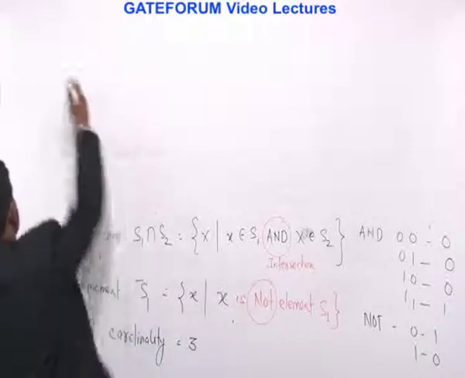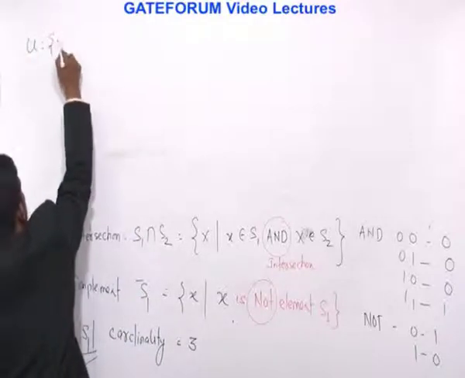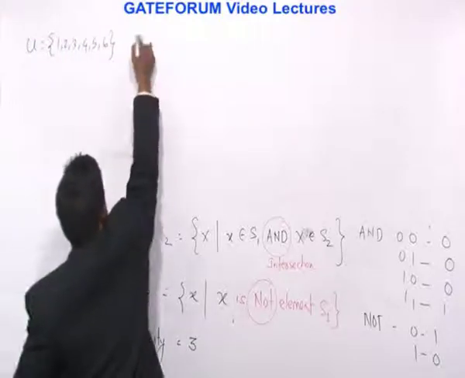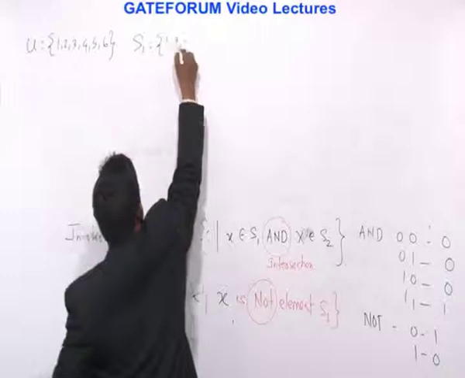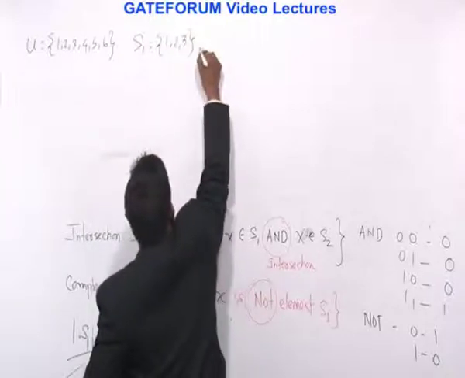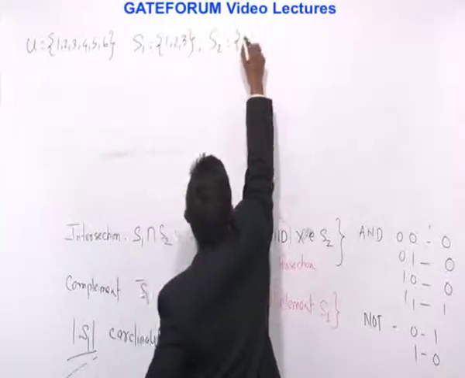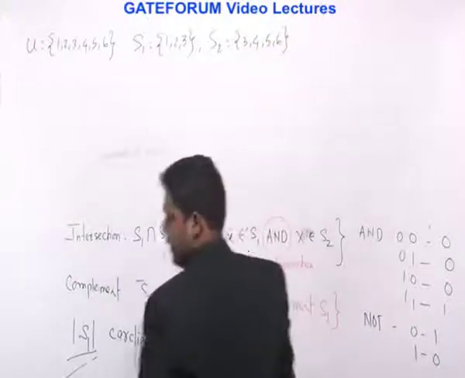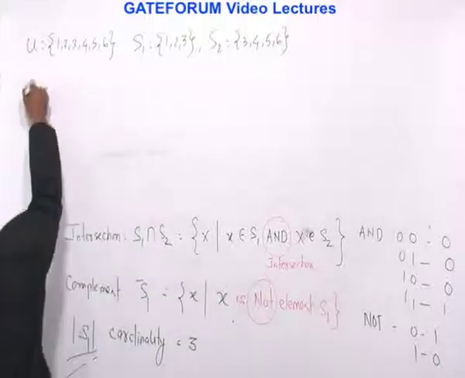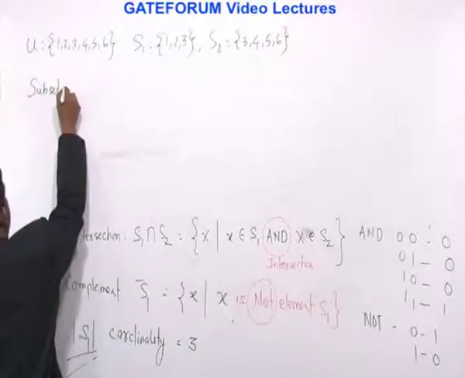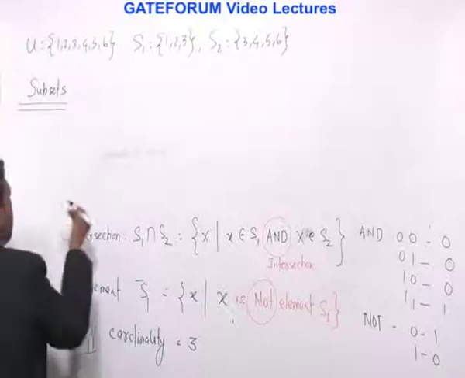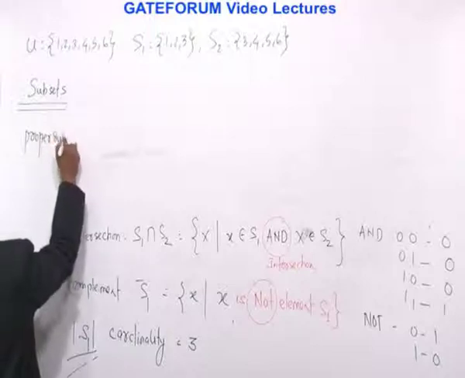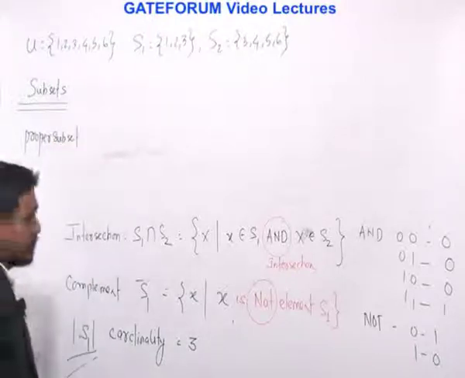So this is my universal set: 1, 2, 3, 4, 5, 6, and S1 was equal to 1, 2, 3, and S2 was the set equal to 3, 4, 5, and 6. Now, subsets and proper subsets.